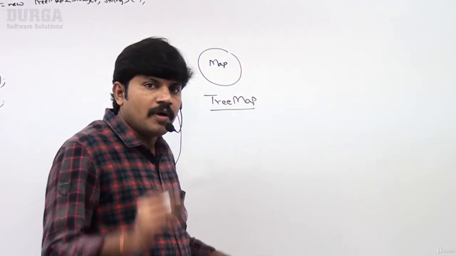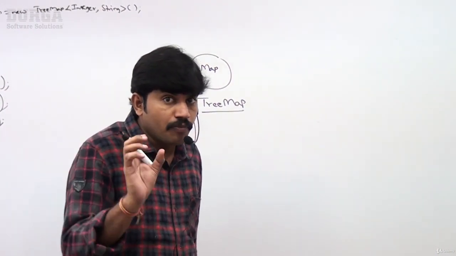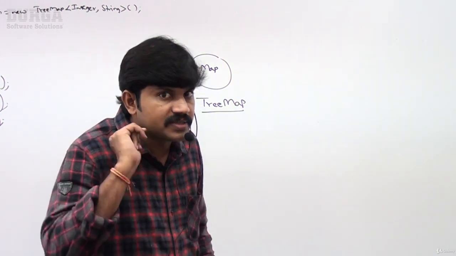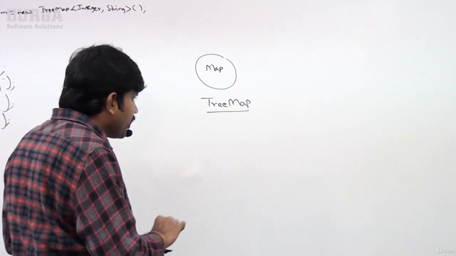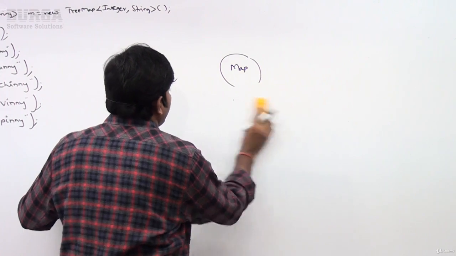Remember this one, TreeMap is always meant for sorting order. Key-value pairs will be inserted according to the sorting order of keys. Remember, sorting is always based on the key, but not based on the value by default. Now my question is how to create a TreeMap object. Observe carefully.